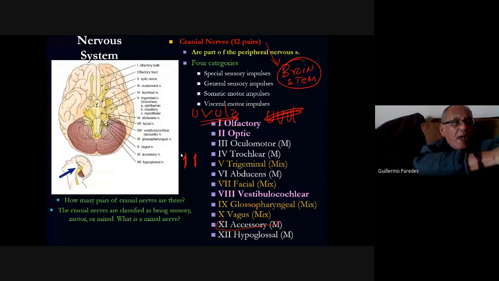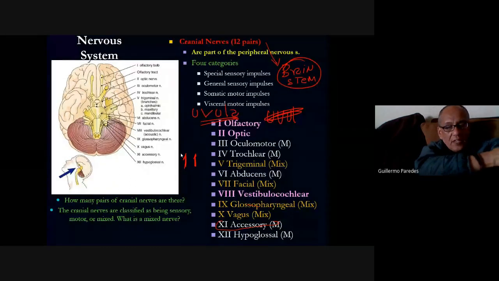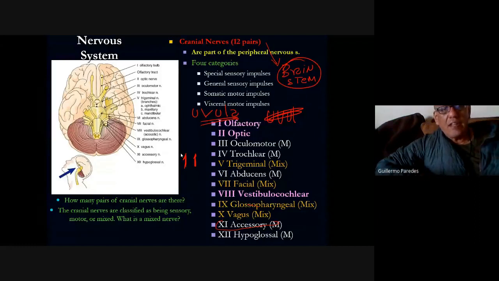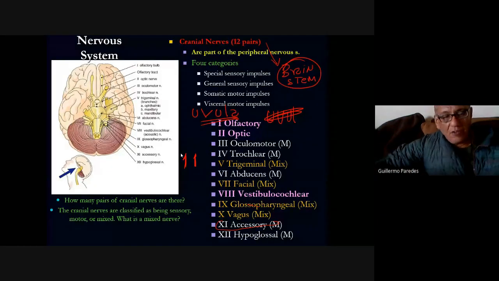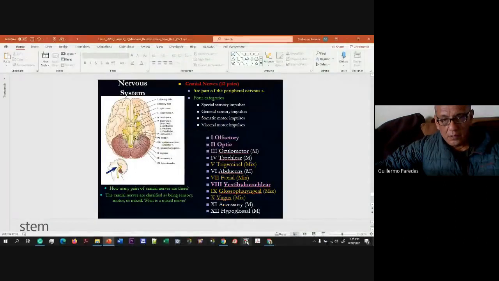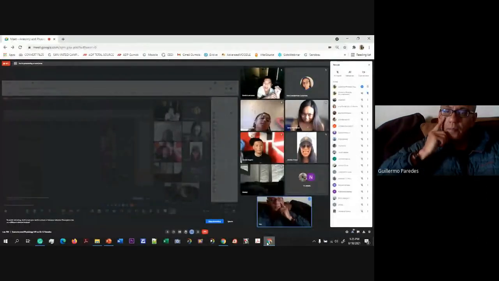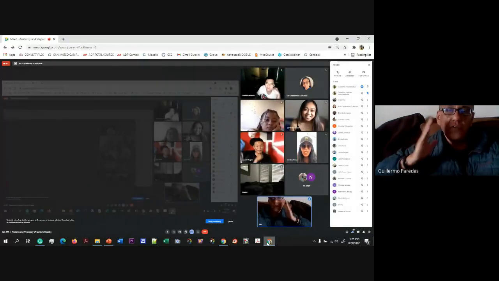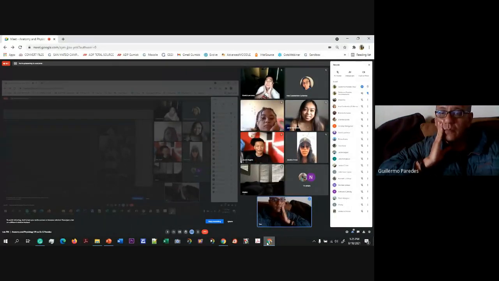And then we have the hypoglossal nerve. That is the last one. For the hypoglossal nerve, you need to measure the strength of the tongue. How can you measure the strength of the tongue? Somebody? Everybody do this: put your hand on your cheek and push with your tongue.